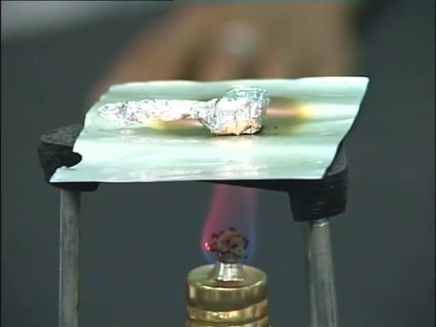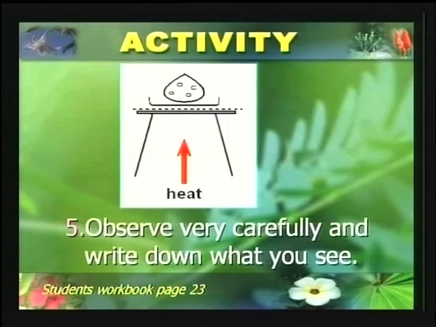Instruction number 5: observe what is happening and write it down. Not on the petri dish. Do not put the hot wrapped food on the petri dish.